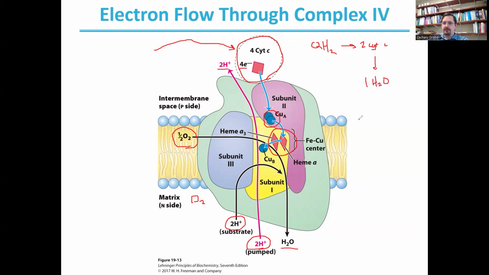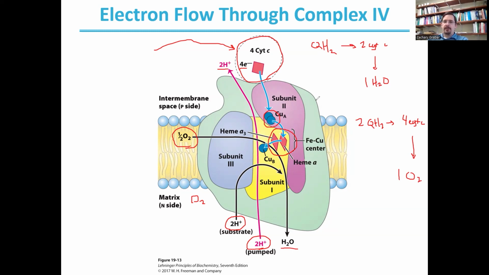Or, of course, we could say 2 QH2 to 4 cytochrome C to 1 oxygen molecule. Again, of course, because there's 2 water molecules for every 1 oxygen molecule.